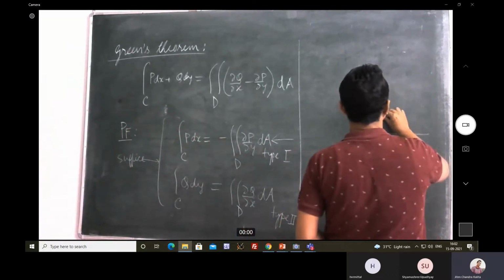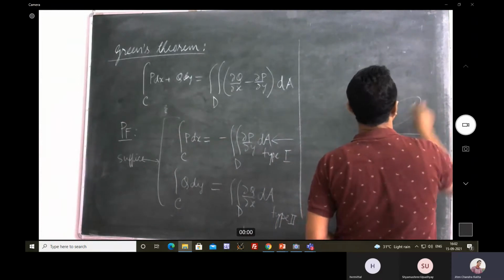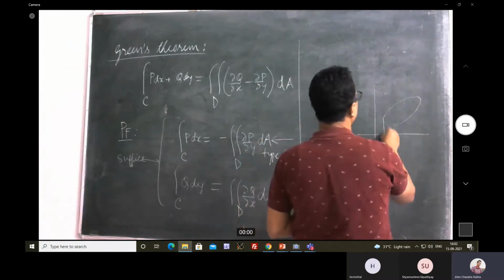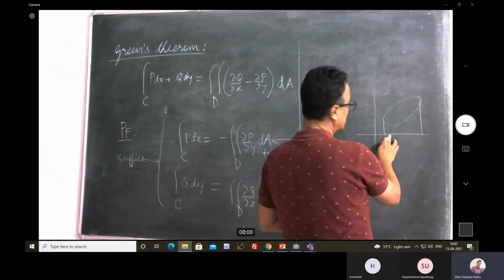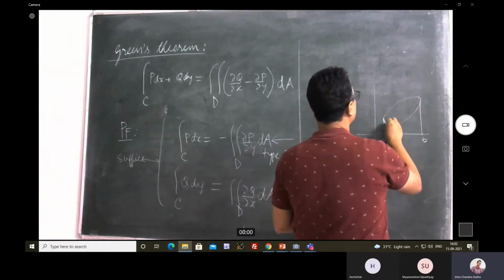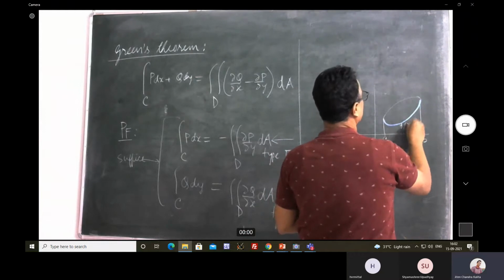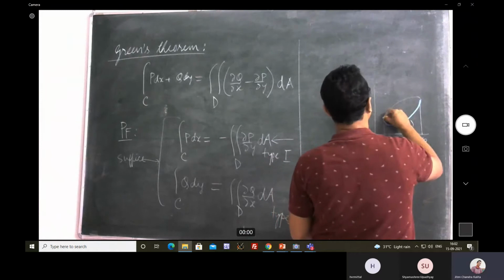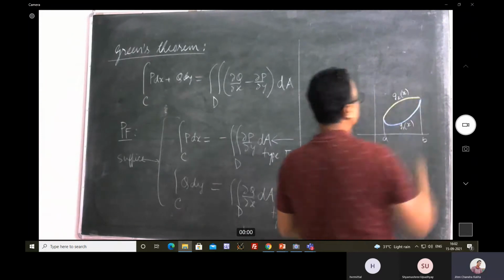So basically, if it is something like this, I have considered this as a type 1 region. If this is A and this is B, I can consider this curve to be g1(x) and this curve to be g2(x).